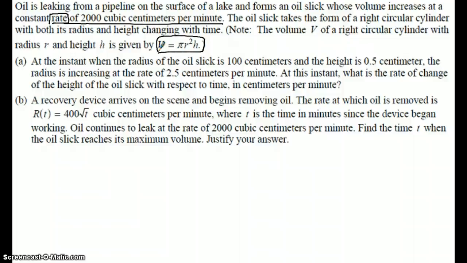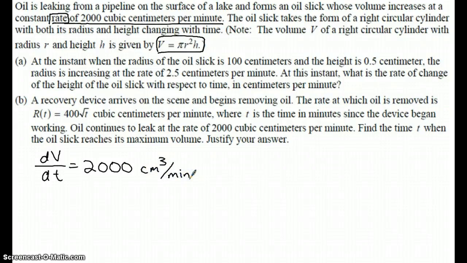So the first thing they told us was the rate the volume increases. That's going to be represented by dV/dt, the derivative of the volume with respect to time, or the rate of the volume. So that's 2,000 cubic centimeters per minute.